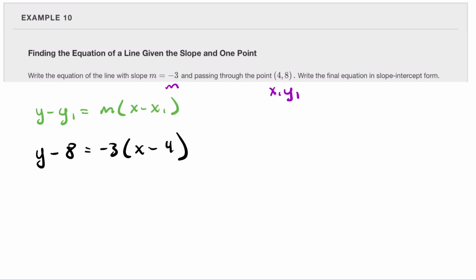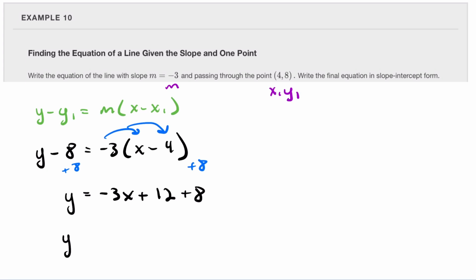So then if I solve for y, y is going to be equal to -3x plus 12 plus 8. So then y is going to be -3x plus 20.